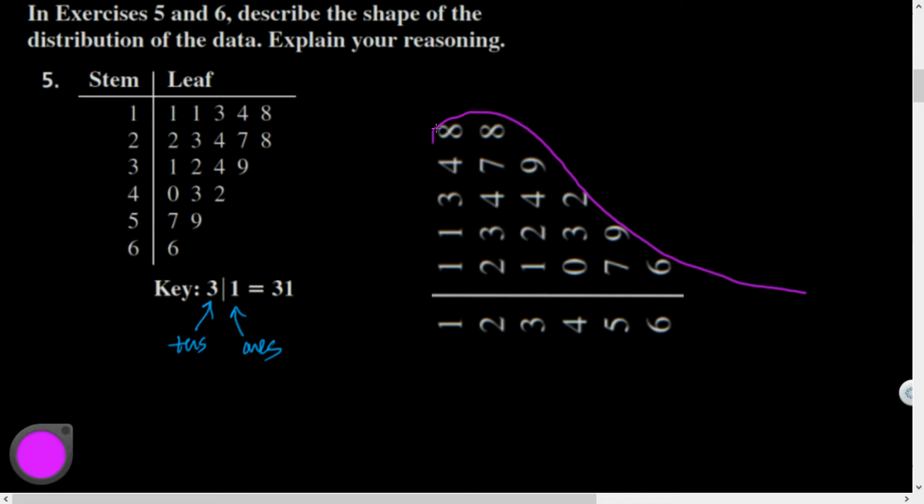So the data is mostly on the left side, which means it is skewed right, which almost feels like the opposite of what I'd want it to be. But the skewing has to do with the tapering that happens in this direction. It was also what a positively distributed graph was, one way to think about it, because positive is over here, negative is over there. They also called this a tail over here. So the graph is skewed right because the data is packed on the left.